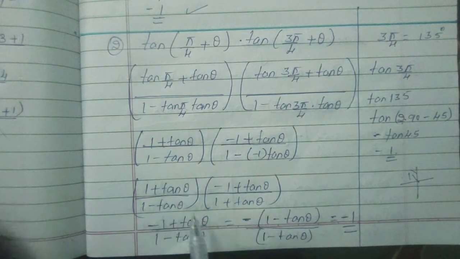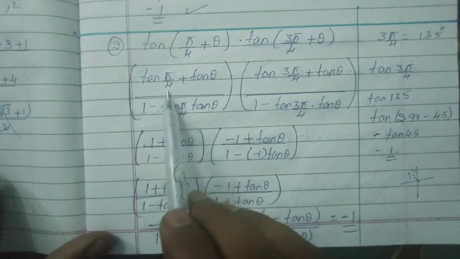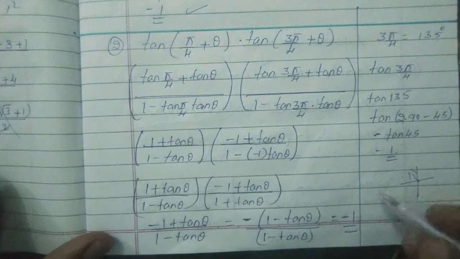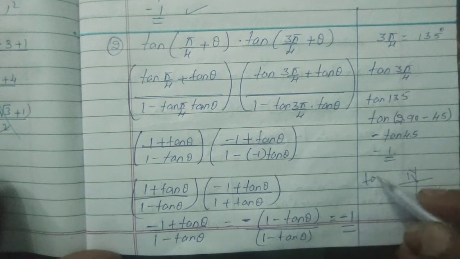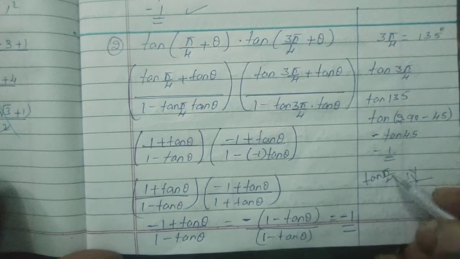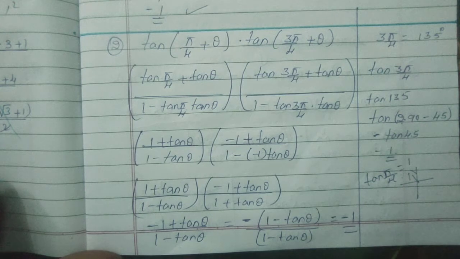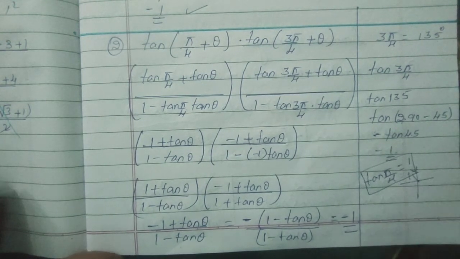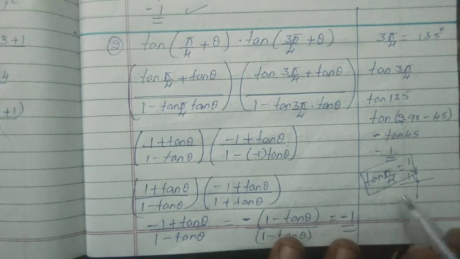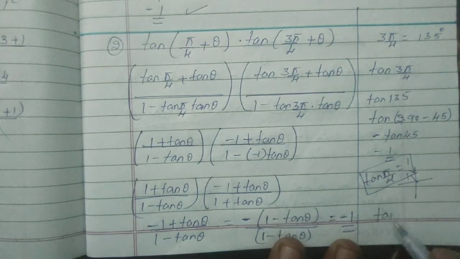Then at the same time, pi by 4, what is the pi by 4 value? Tan 45 value is 1. See, tan pi by 4 value is 1. Let me write it over here: tan pi by 4 value 1.